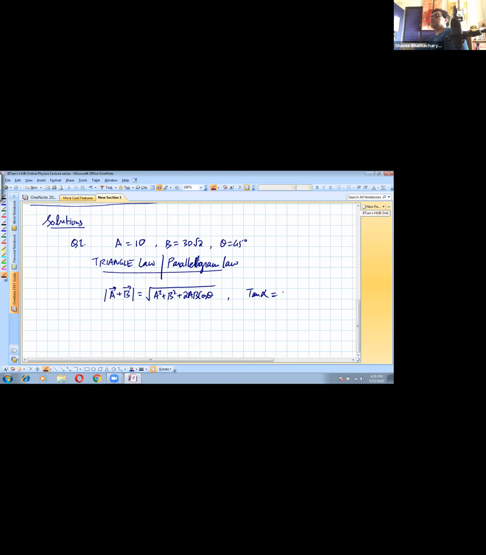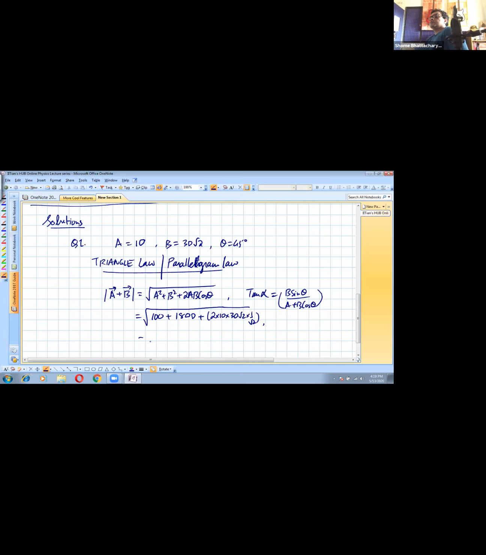And the angle alpha is given by tan alpha equals B sin theta upon A plus B cos theta. We just substitute all this information here. So 100 plus 1800 plus 2 into 10 into 30 root 2 into 1 by root 2.